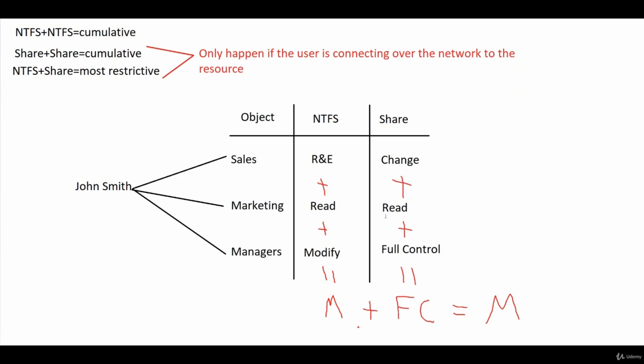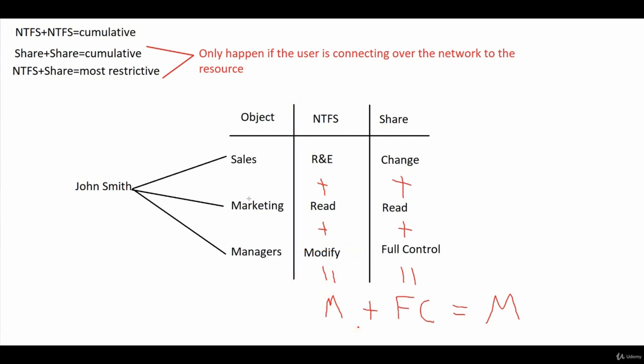Okay, so if this John Smith person was accessing this folder over the network, then you would definitely focus on all three rules. But if the user was sitting locally at the computer and accessing the resource, then you can just ignore these altogether. The only thing you need to focus on is this one column right here. You can ignore the share permissions altogether.